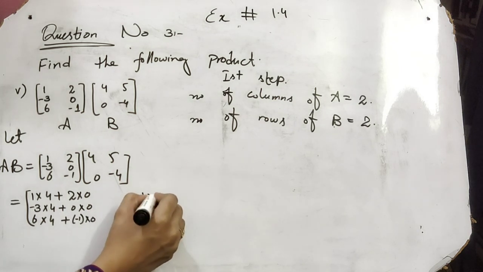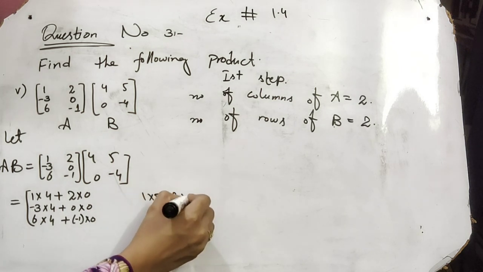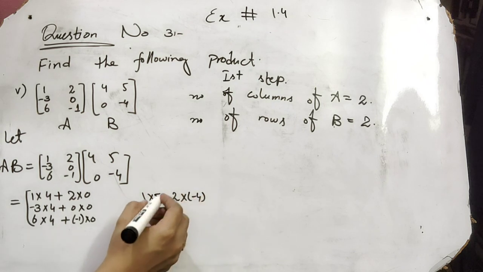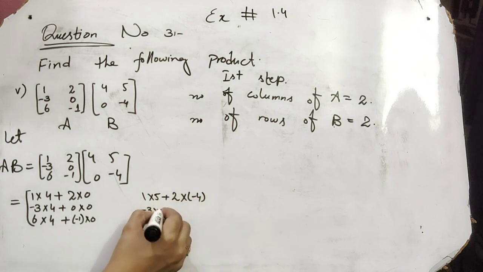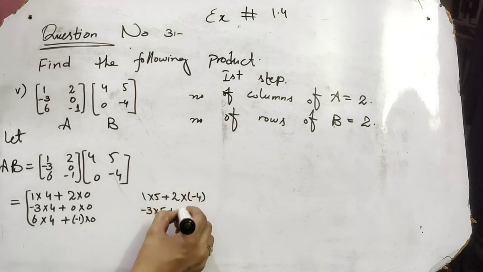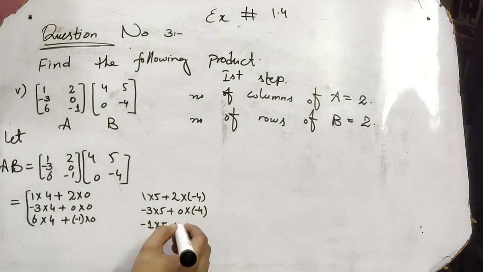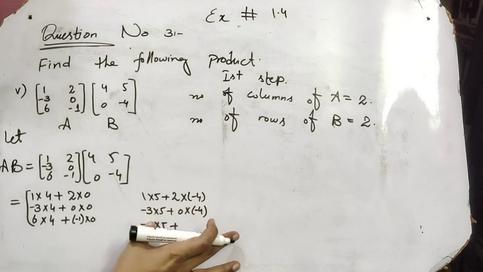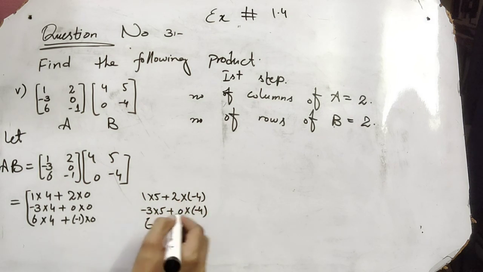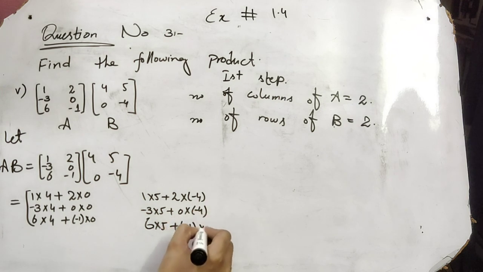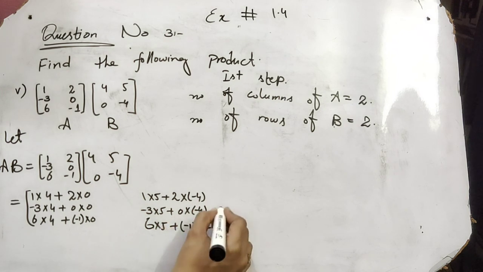Now 1 multiplied by 5 plus 2 multiplied by minus 4, minus 3 multiplied by 5 plus 0 multiplied by minus 4, 6 multiplied by 5 plus minus 1 multiplied by minus 4.